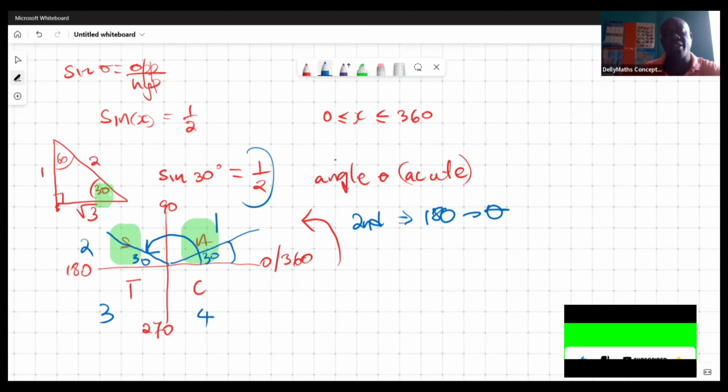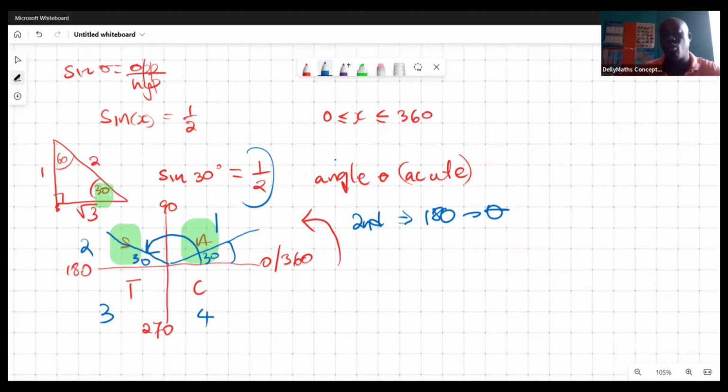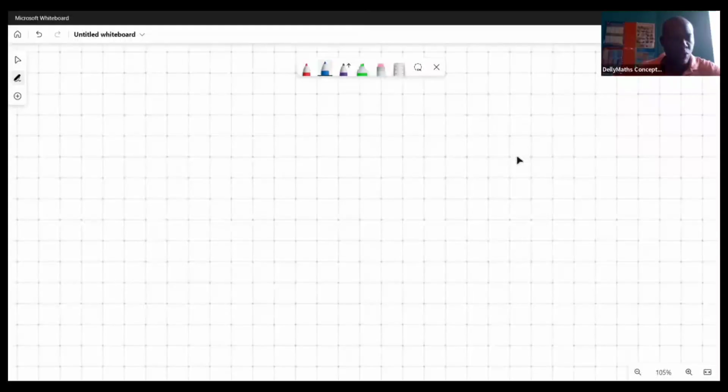So 180 minus 30 degrees gives us 150 degrees. So the second angle for sine that will be positive a half is 150. Therefore, we can conclude that x is equal to 30 degrees and 150 degrees.